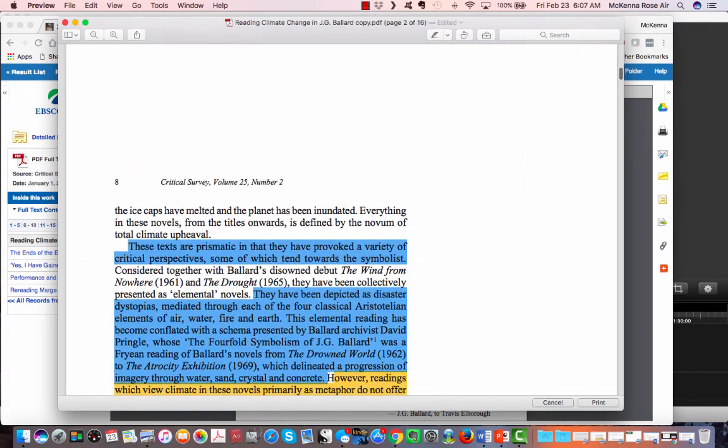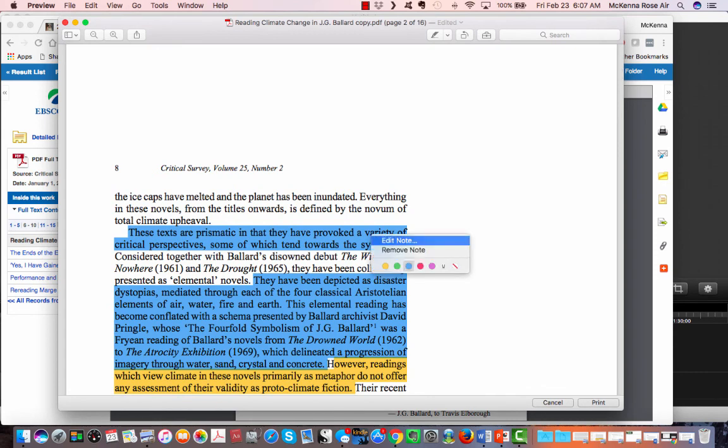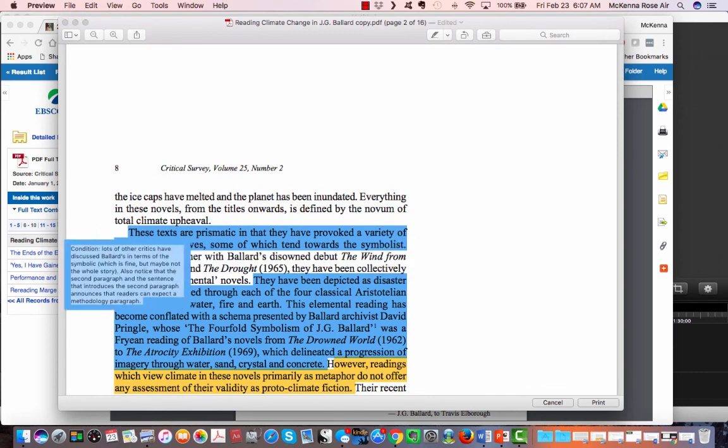Again, we're going to see the condition. So lots of critics have discussed Ballard in terms of the symbolic, which is fine, according to Clark, but maybe not the whole story. So just like the handout and the claims that we put together, he is going to argue, on the one hand, this is the way that this text has been interpreted, and yet I want to argue X. So you also notice here that here's the second paragraph, and the sentence that introduces the second paragraph announces that the readers can expect a paragraph on methodology, right?